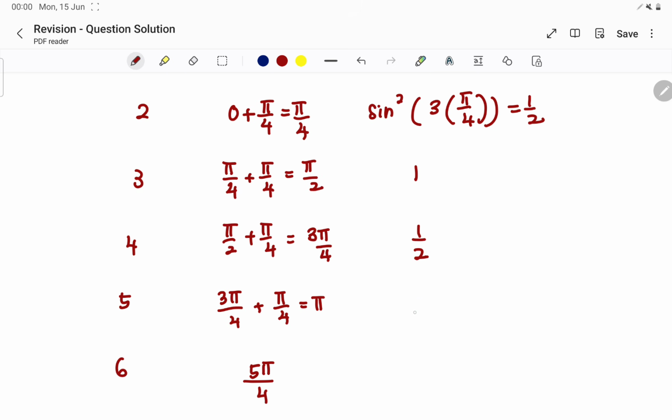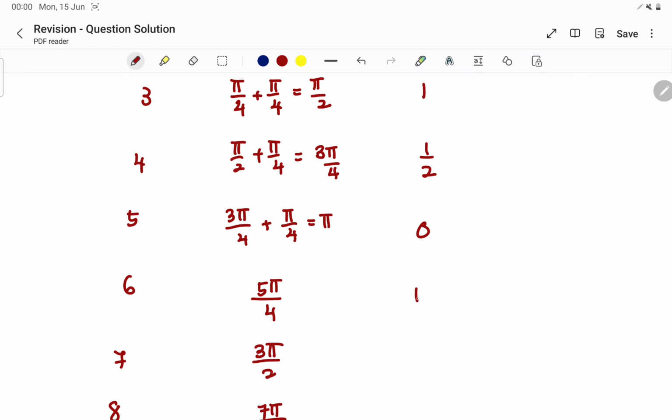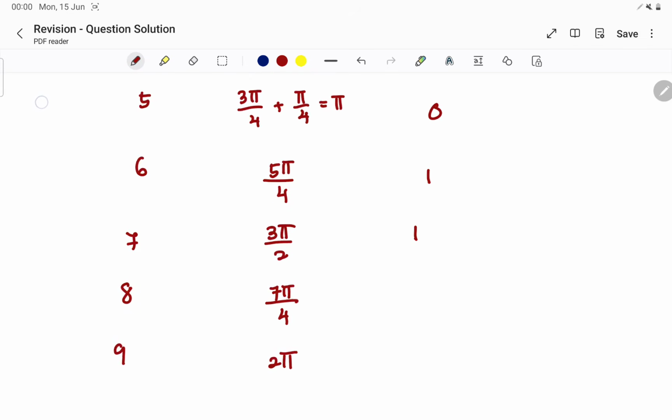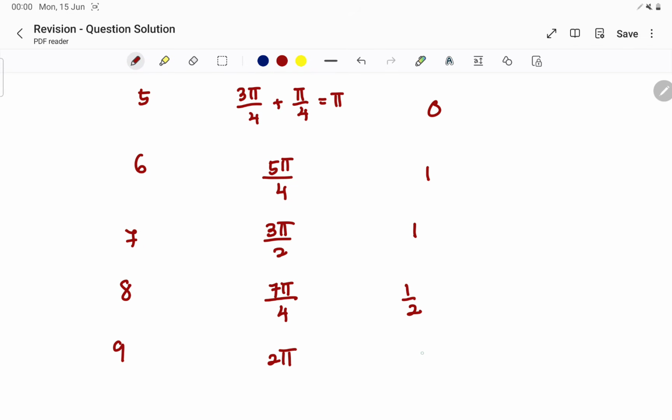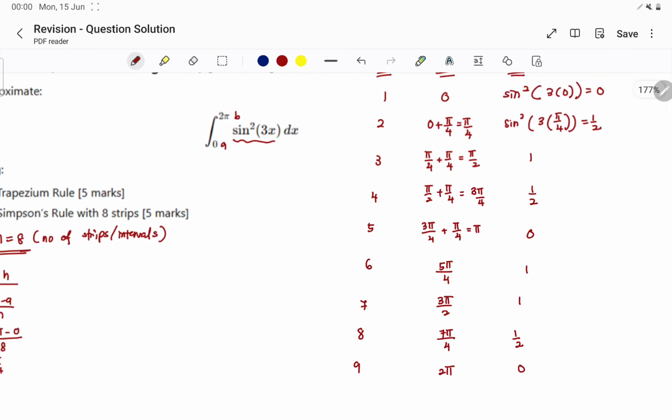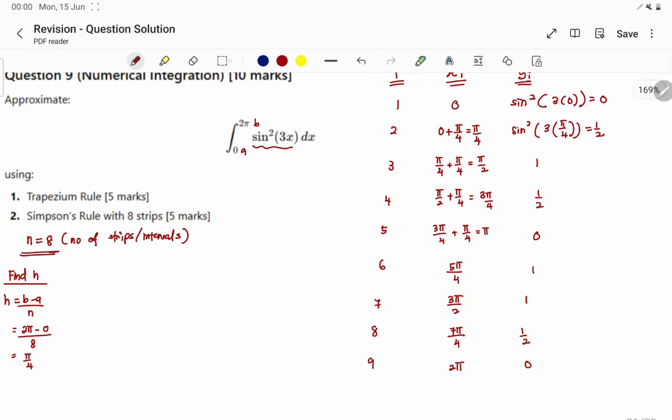The next one you get 0. The next one you get 1. The next one you get 1. The next one you get 1 over 2. The next one you get 0. So this one you calculate properly. Let me write it properly, it's a bit not aligned. 1 over 2 and 0.